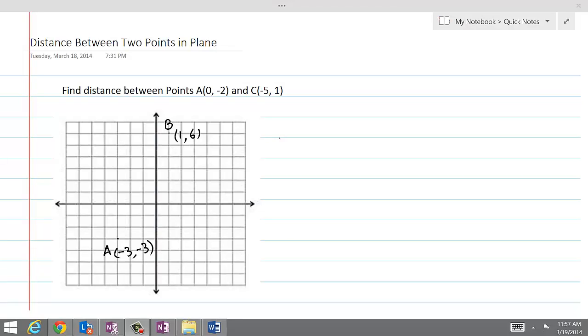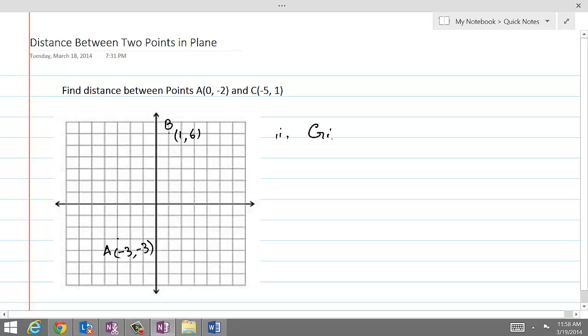Continuing from the previous lesson, we will find the distance between given points in question 1 and question 2. Let's get started with question 1. In question 1, the given points are A, with coordinates (0, -2), and B, with coordinates (-5, 1).